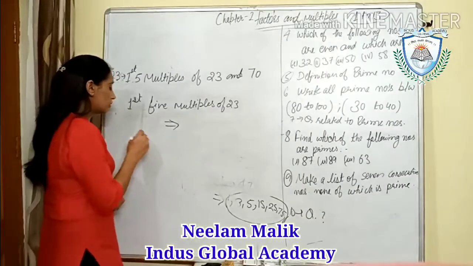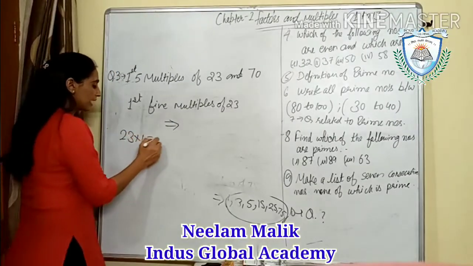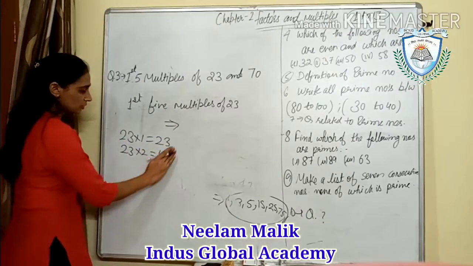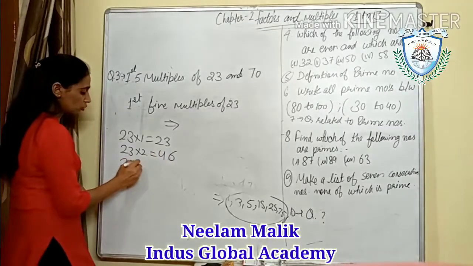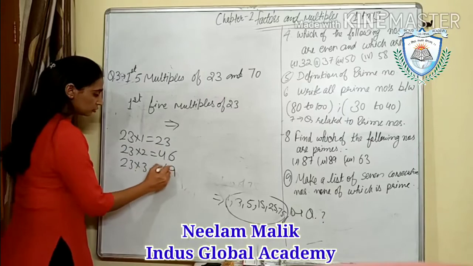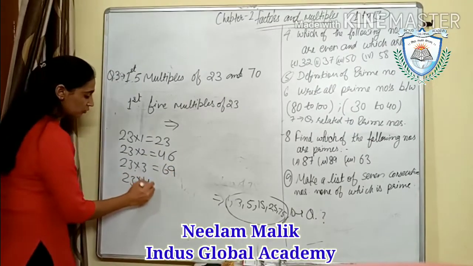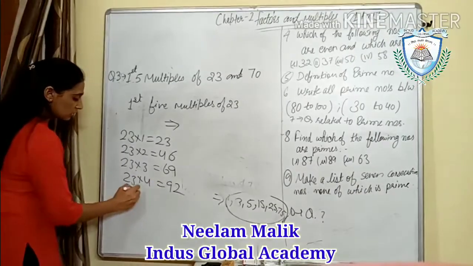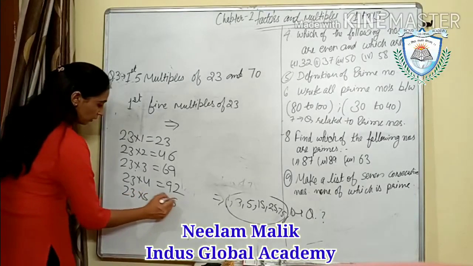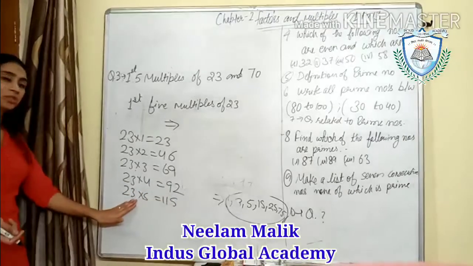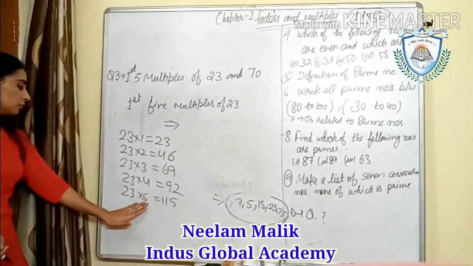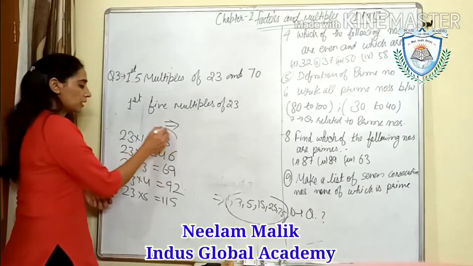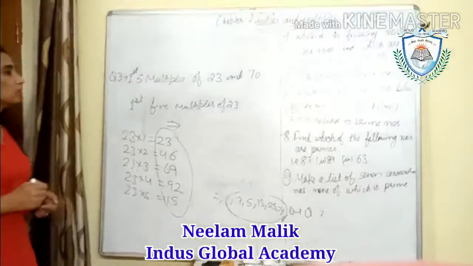Another way to write that: 23 into 1 is 23, 23 into 2 is 46, then 23 into 3, what is that? 3 3s are 9, 3 2s are 6, so 69. 23 4s are, then you will check: 4 3s are 12, 2, 1, 4 2s are 8 and 1, 9, so 92. 23 5s are, okay, so 5 3s are 15, 5 and 1 carried, and 5 2s are 10 and 1, 11, so 115. So these are the first 5 multiples of 23.